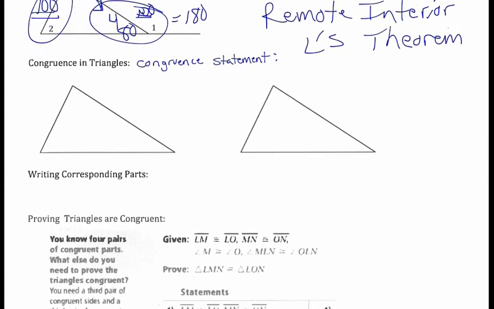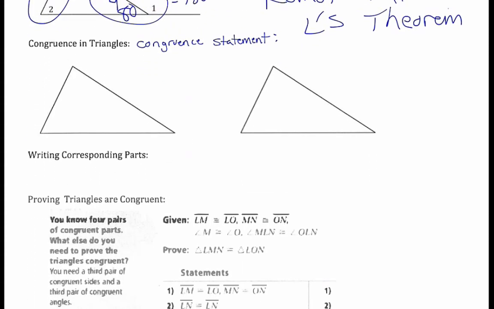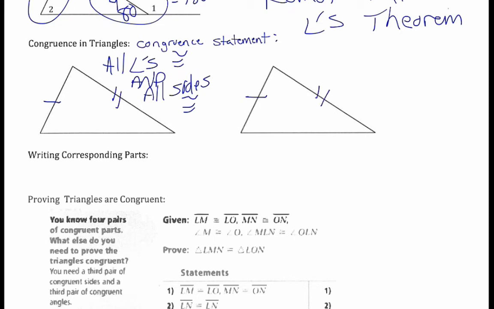Now the main idea of this lesson is about congruency in triangles. Congruent figures means all angles are congruent and all sides are congruent. That's what a congruent figure is. So on these two triangles, if I wanted to say they're congruent, I would say one side has to match one side of the other triangle, a second side has to match a second side, and a third side has to match a third side.